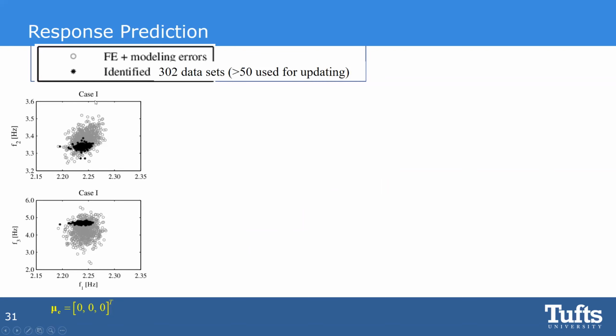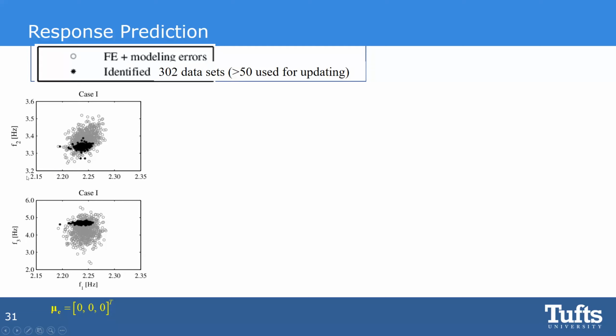Now this is the hierarchical that we did with zero mean for error. That's always what we do. We always assume zero mean. The prediction is good. This is the prediction, and it should contain the measurement. Natural frequency of mode 1 versus 2. Natural frequency of mode 1 versus mode 3 of this large structure.